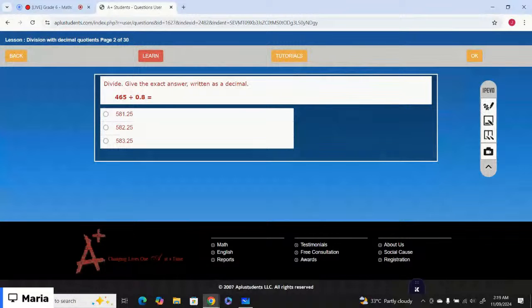The next one is 465 divided by 0.8. Okay, so you have to do 465 divided by 0.8.